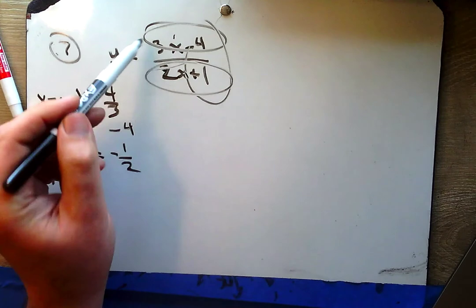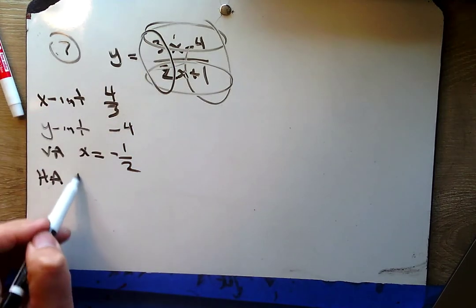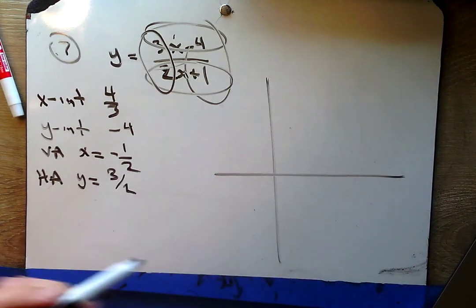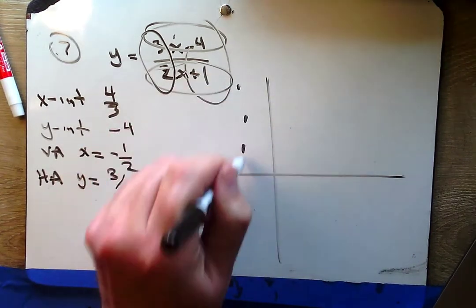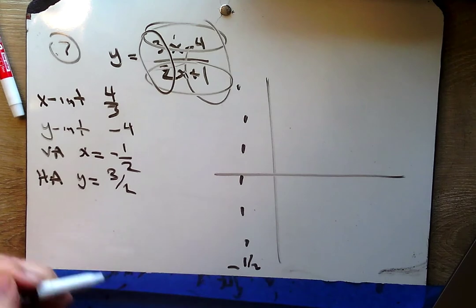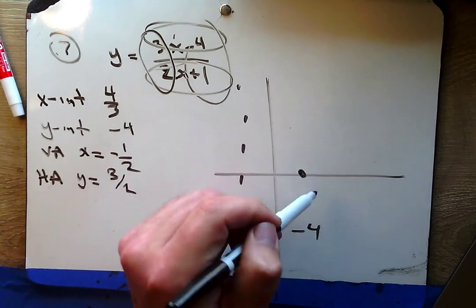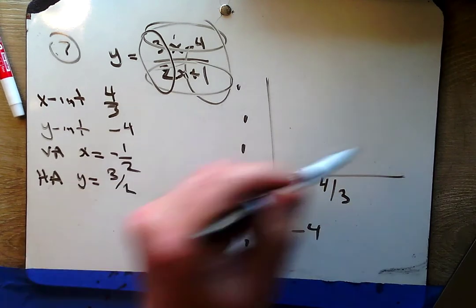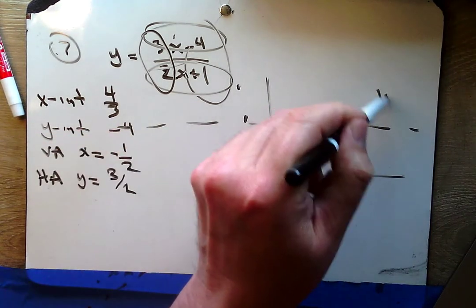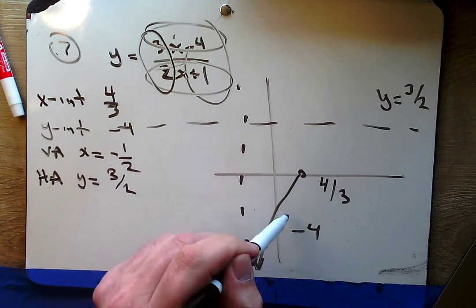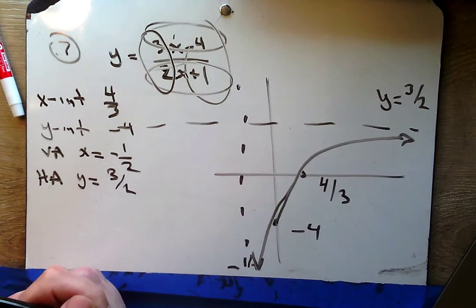Since the degrees are the same, I look at the ratio of leading coefficients. So let's graph what we've got. Vertical asymptote at negative 1/2. Y-intercept of negative 4. X-intercept of 4/3. The horizontal asymptote of 3/2. I connect the dots and bend to the asymptotes.